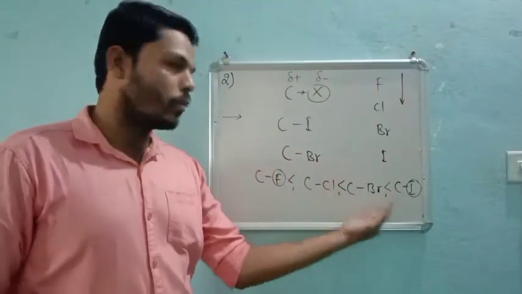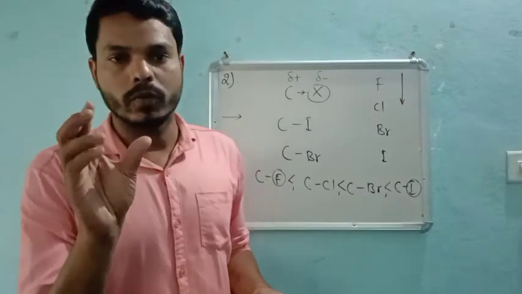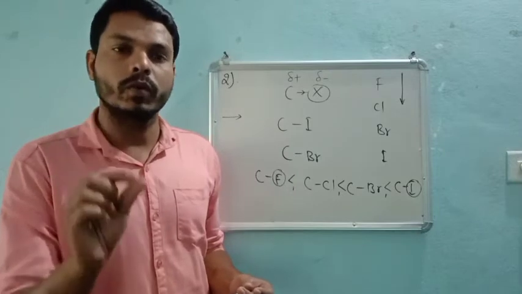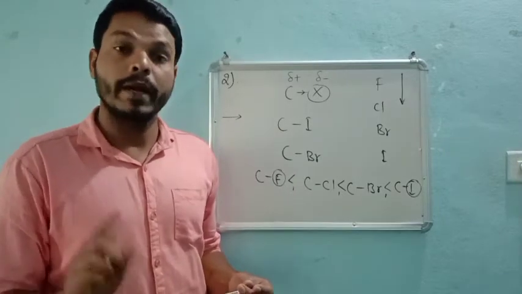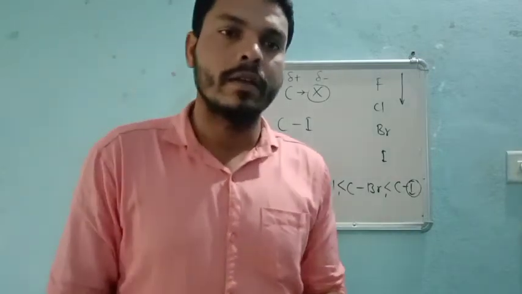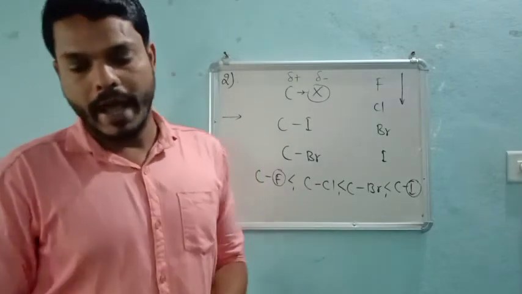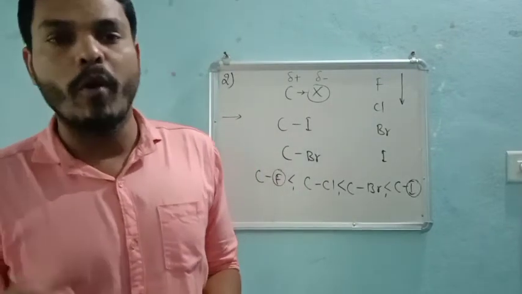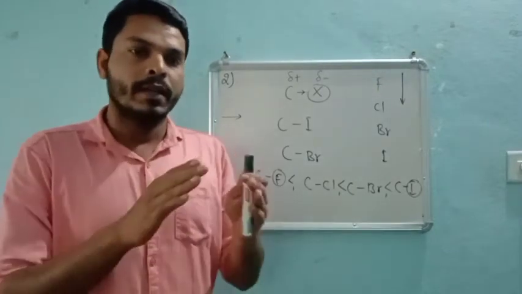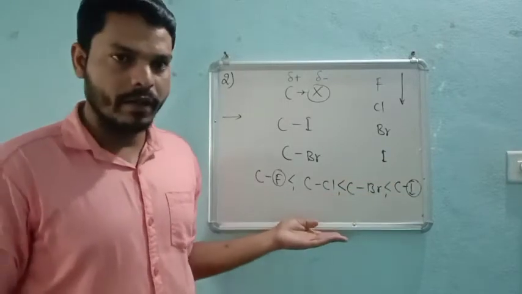But as we move back, like bromine, chlorine and fluorine, the size goes on decreasing. As the size decreases, bond length also decreases, right? But bond strength increases. We cannot easily remove the bond between these two, right? And as the bond length increases, bond enthalpy decreases. That means bond enthalpy, the energy required to break a bond, as I said already, right?